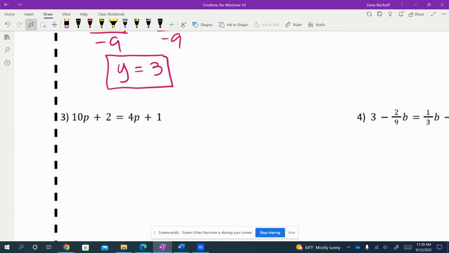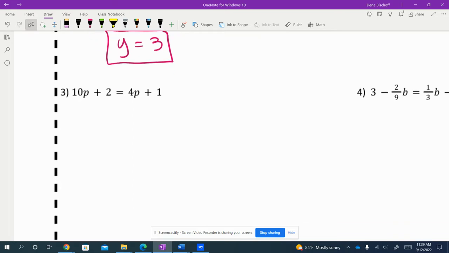Okay, so Amira, tell me what you want to do first. Good job. Subtract 4p from both sides. So 10 minus 4 is 6.